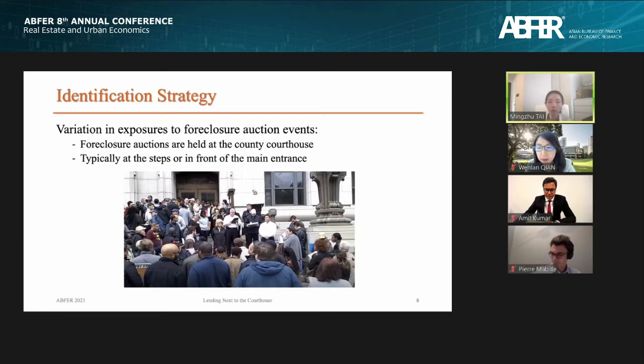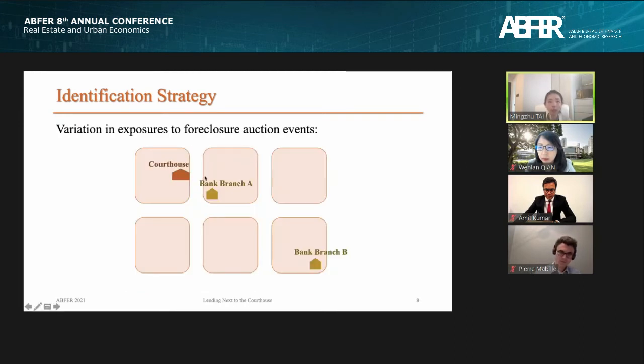Based on this simple setting, here I'm using this simple map to illustrate our identification strategy. Each square represents a block, and the spaces between these blocks are the streets. Assume that the courthouse is located at this specific location, and there's a bank branch right across the street.